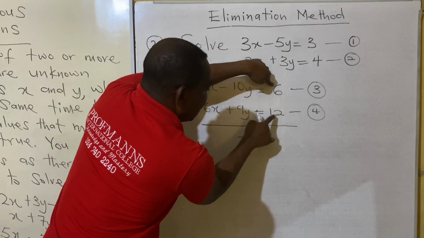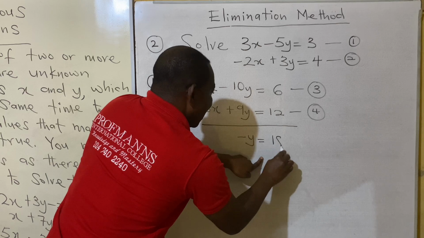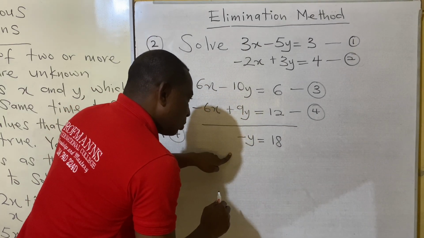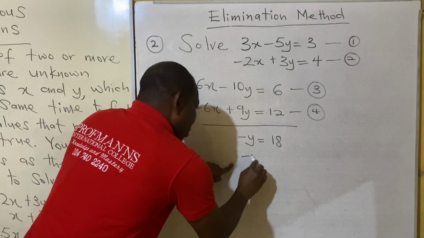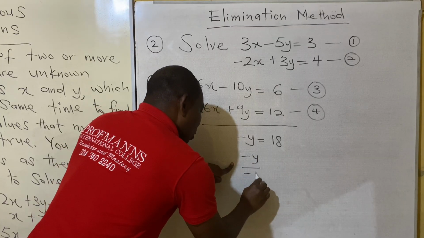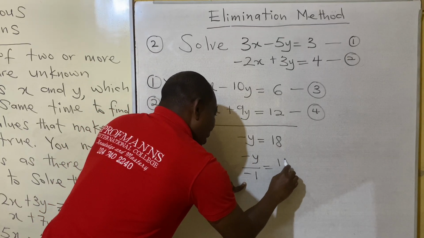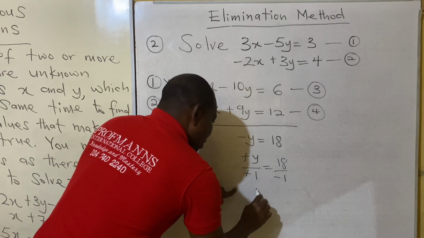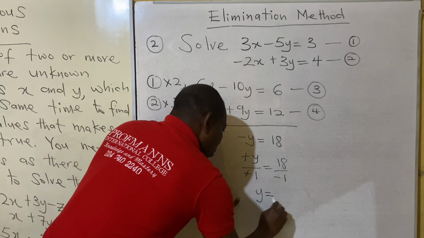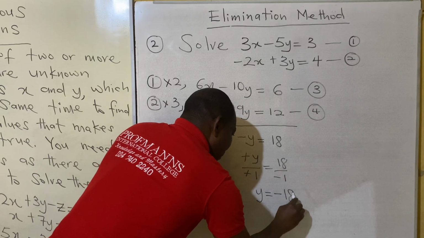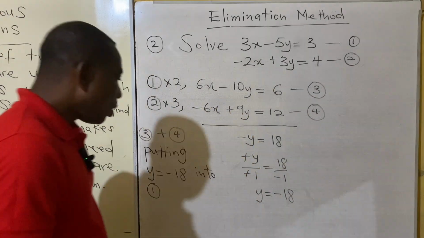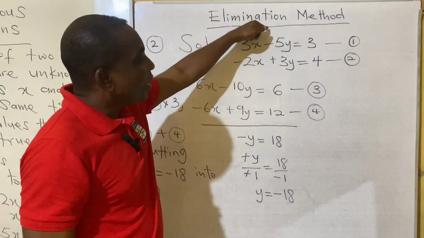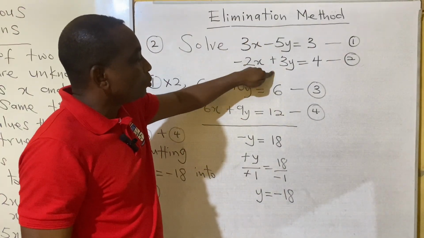If you add this to this, it gives us 18. We divide through by minus 1. Minus y over minus 1 is equal to 18 over minus 1. Negative cancels negative. So we have y is equal to minus 18.